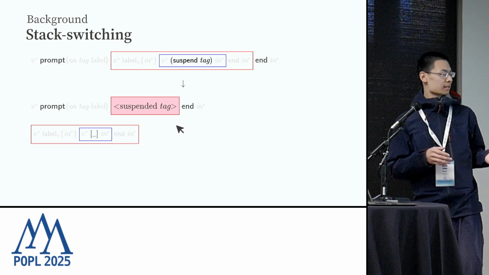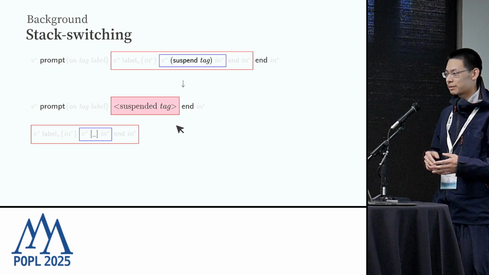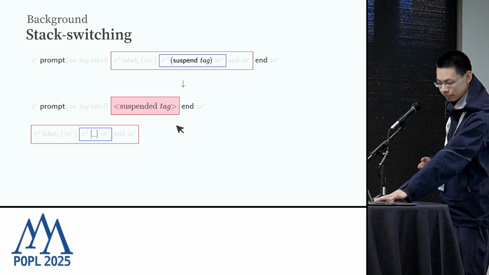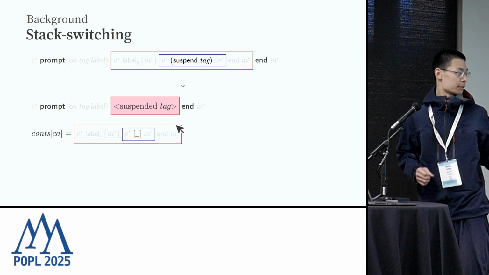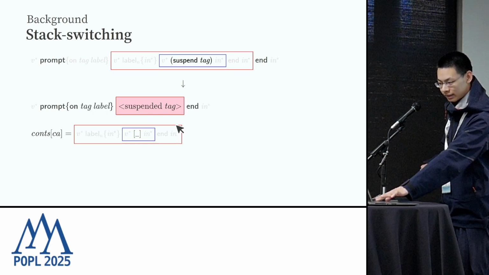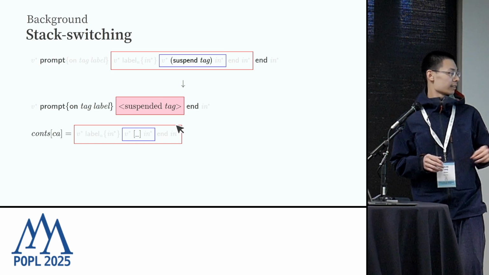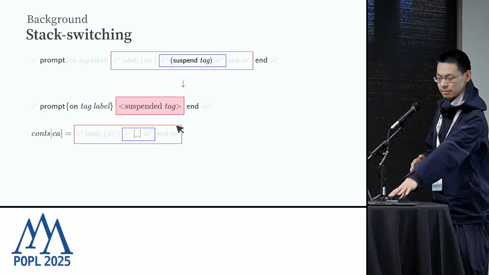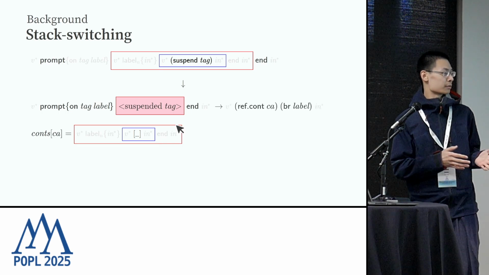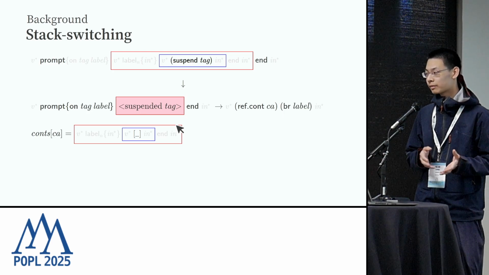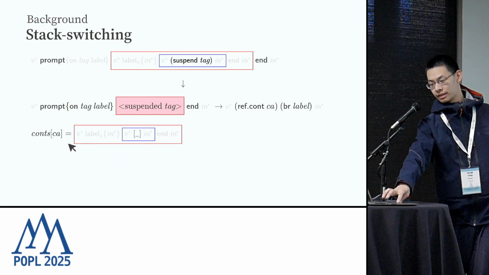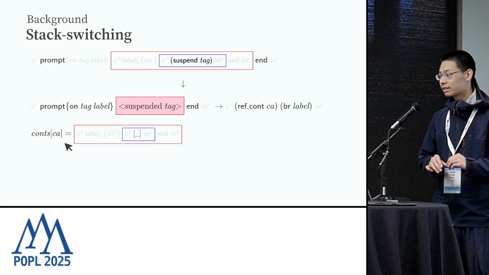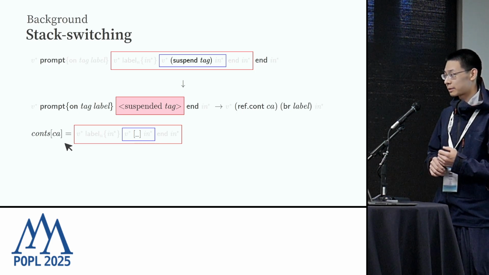We replace the suspend instruction with a hole because we do not need the instruction anymore, and put it into a continuation area. And since we are handling the tag here with the label, we replace the prompt instruction with a branch to label with a reference to the continuation. So that is basically what stack switching is doing.